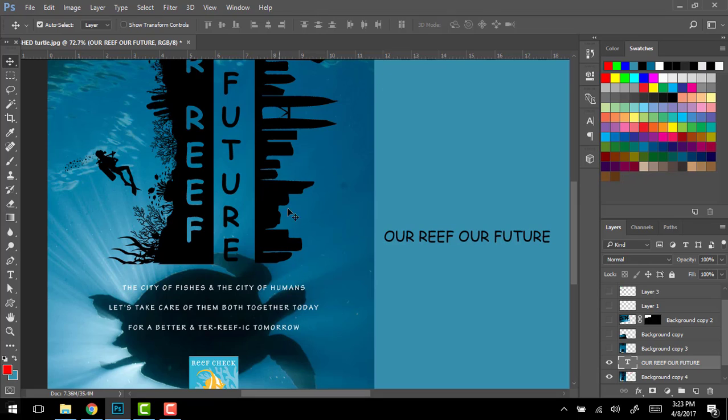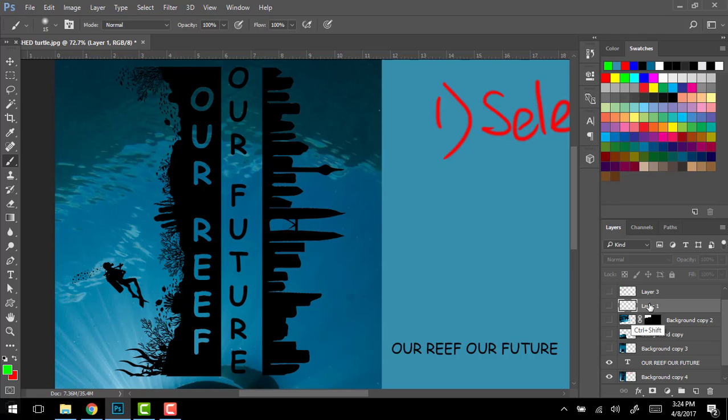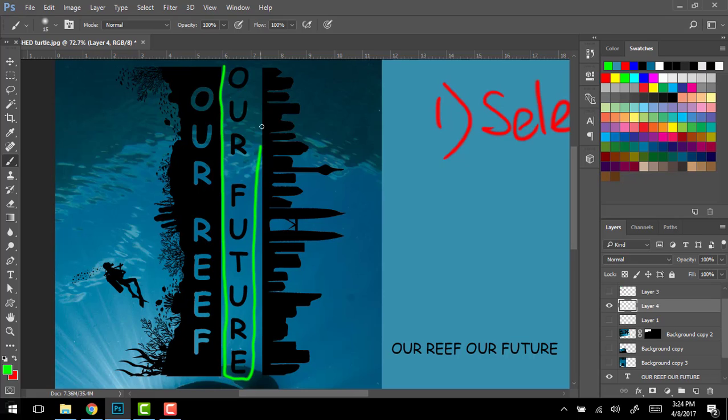Anyway, let's just add this again. Now, I think there are some problems when you're laying out the wordings here. Our reef, our future. It's nice that our reef sits with the reef, and that's good. And then you have a negative space here, which you decided to put our future, but it kind of got left hanging just like that.